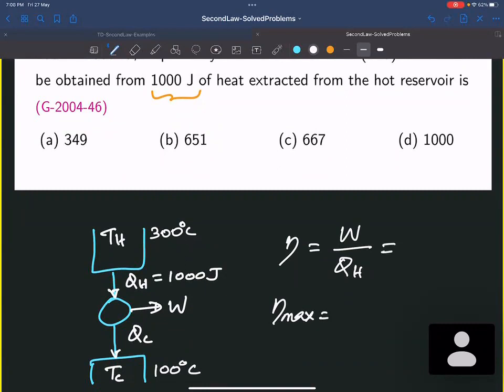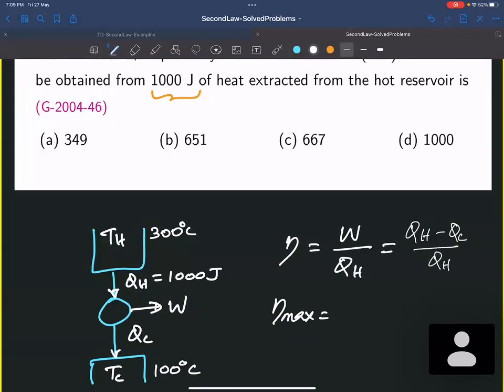You can also write it in terms of QH minus QC. This W is the difference of QH minus QC. From QH, some amount is converted to work, the rest is rejected as QC. So efficiency is equal to QH minus QC by QH.